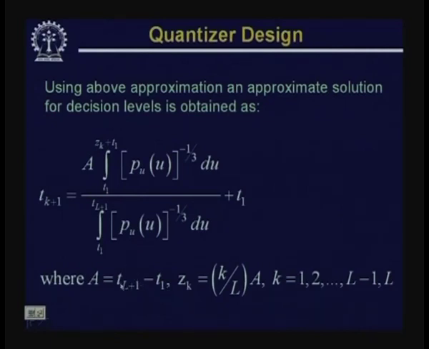We have said that T_{L+1} is the maximum transition level and T_1 is the minimum transition level, and Z_k is equal to k by L into a, where k varies from 1 to L.